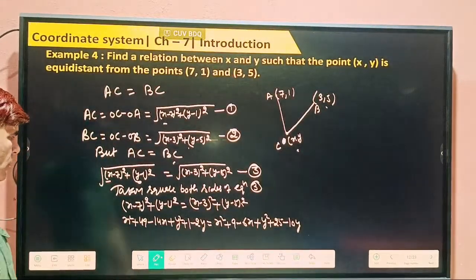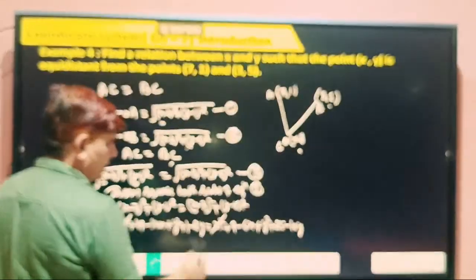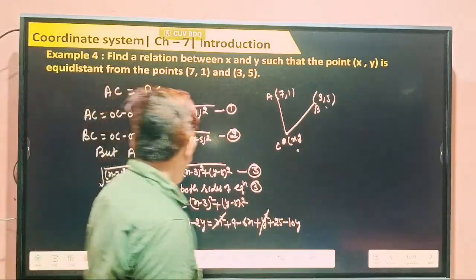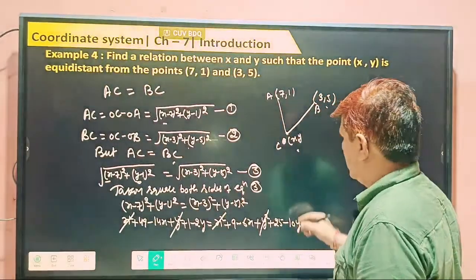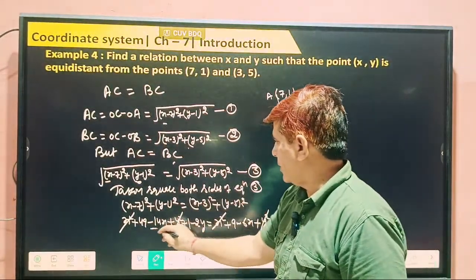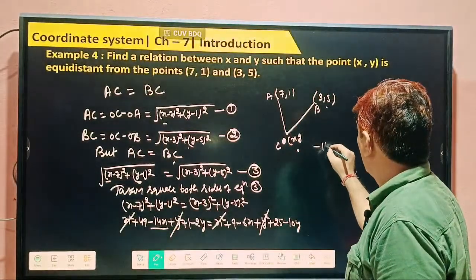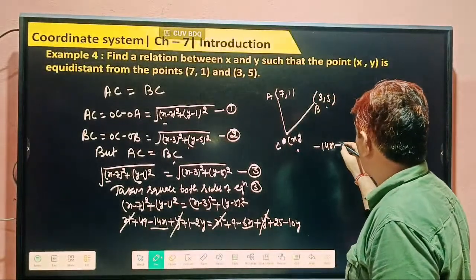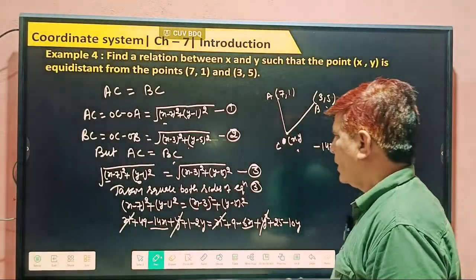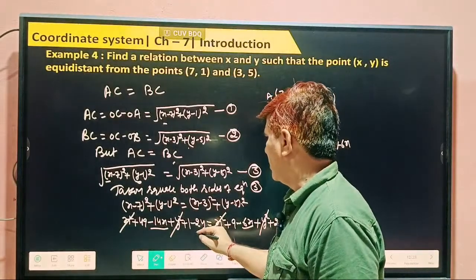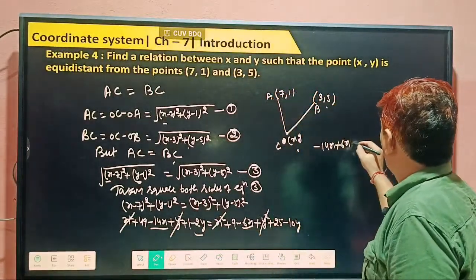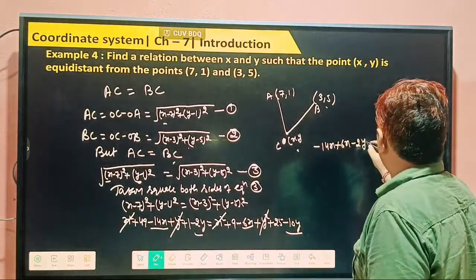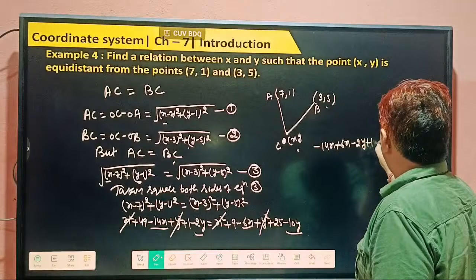Convert into simplest form. If you check, this cancels this, this cancels this. So here we can write, first I will take this minus 14x. Here how much x? Minus 6x, plus 6x. Then I have taken y. How much y? Minus 2y. This we take to that side, how much? Plus 10y.